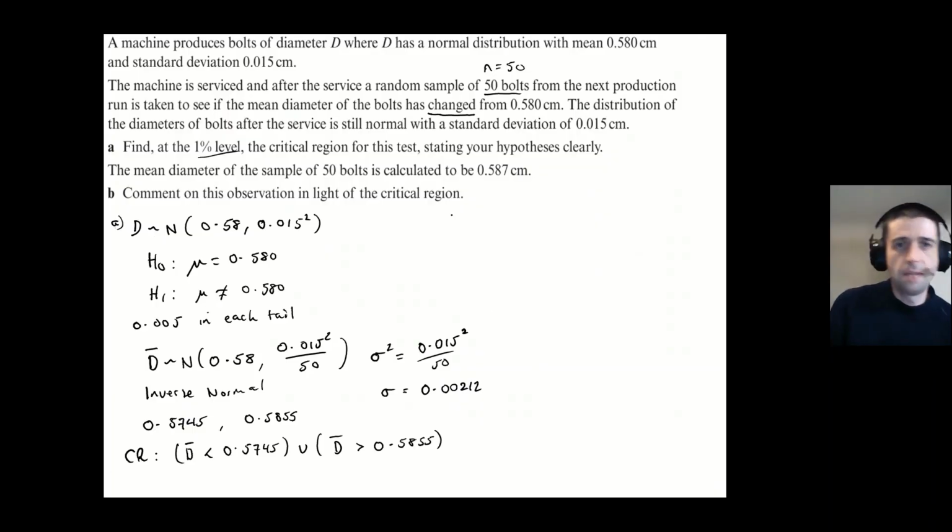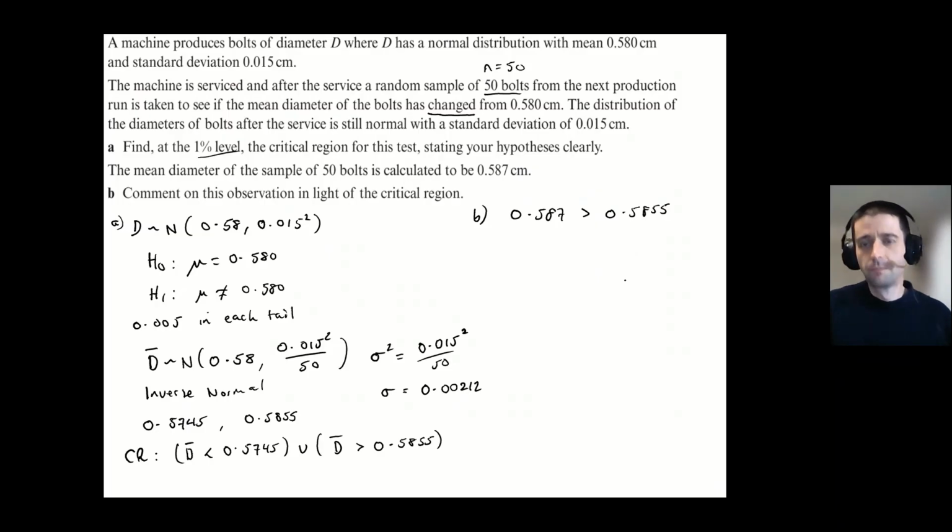Now, part B is telling us that the mean diameter of the sample of 50 bolts is calculated to be 0.587. So I need to compare 0.587 with my values for the critical region. I've said that if the sample mean comes out greater than 0.5855, then I'd be rejecting H0. So 0.587 is greater than 0.5855, which was my point of rejection in my critical region.